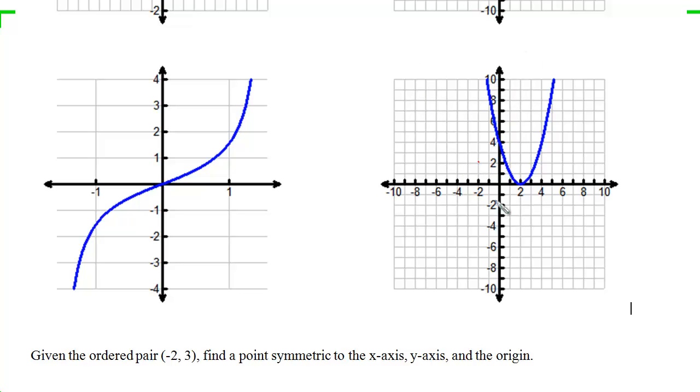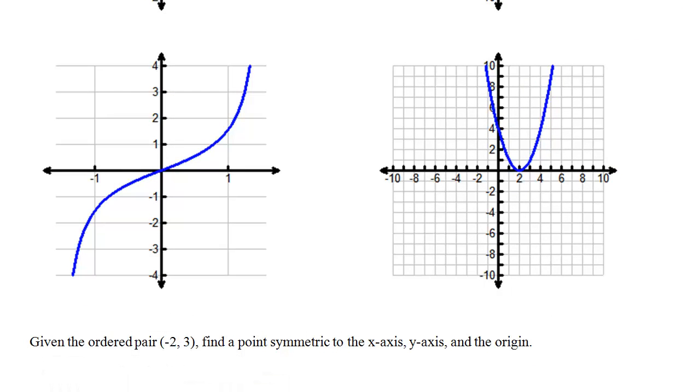And if it was reflected across x, same thing, it would have to come down like that. So it doesn't appear to have any type of symmetry across the x-axis, y-axis, or about the origin. So just because the figure has symmetry, which this does, I could draw a line of symmetry, it appears as x equals 2, doesn't mean it has the type of symmetry that we're looking for.